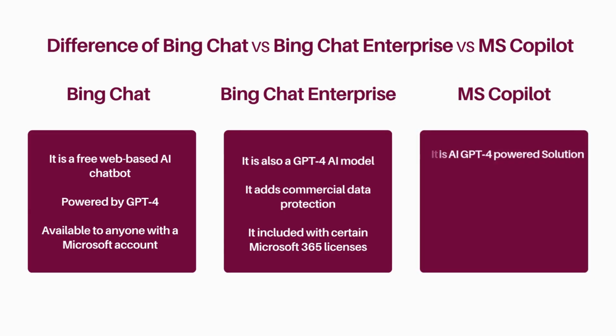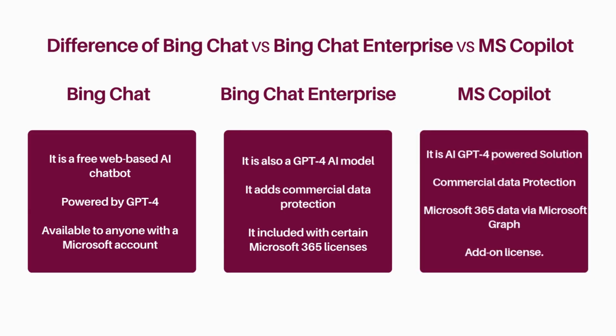Microsoft 365 Copilot, also GPT-4 powered, is the only one that connects to your organization's Microsoft 365 data via Microsoft Graph, allowing it to generate contextual responses using your files, emails, meetings, and more. It's offered as a separate add-on license.